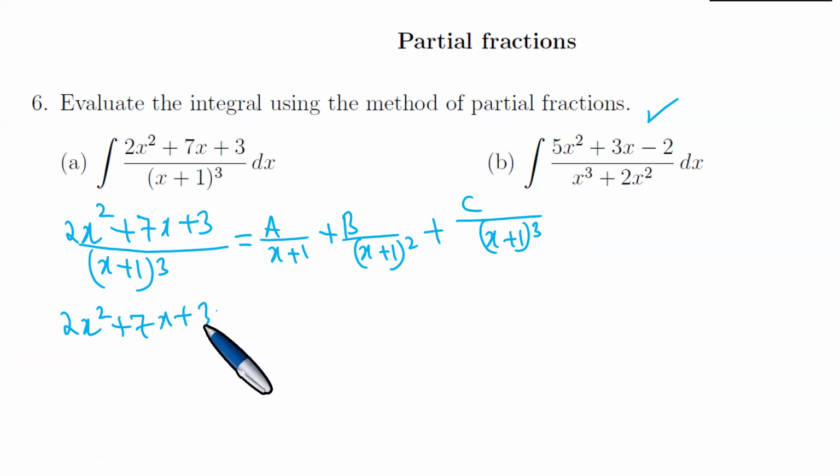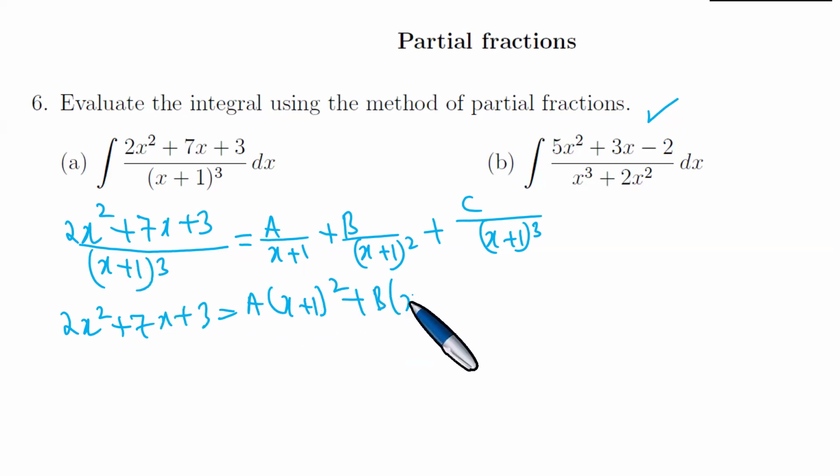You cross multiply, which is A. If you cross multiply the x plus 1 cubed with this, it is going to be x plus 1 squared. B, you cross multiply this and that, you have x plus 1, and then you have C that way.